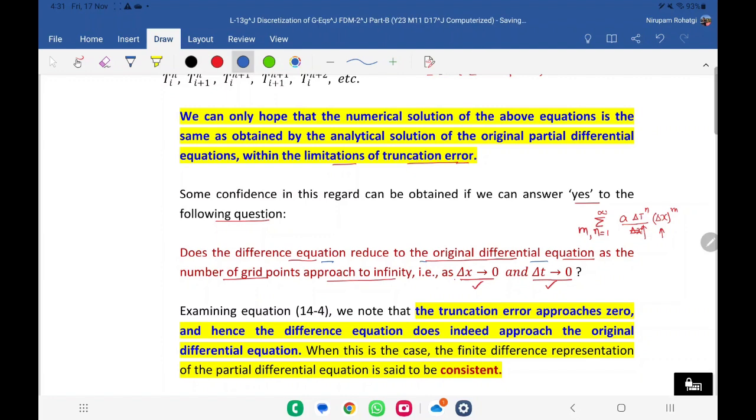Remember, truncation error is made up of infinite terms. Each of them is very small, right? But that does not mean that adding smaller terms an infinite number of times will give 0. You have to see that the series actually converges.